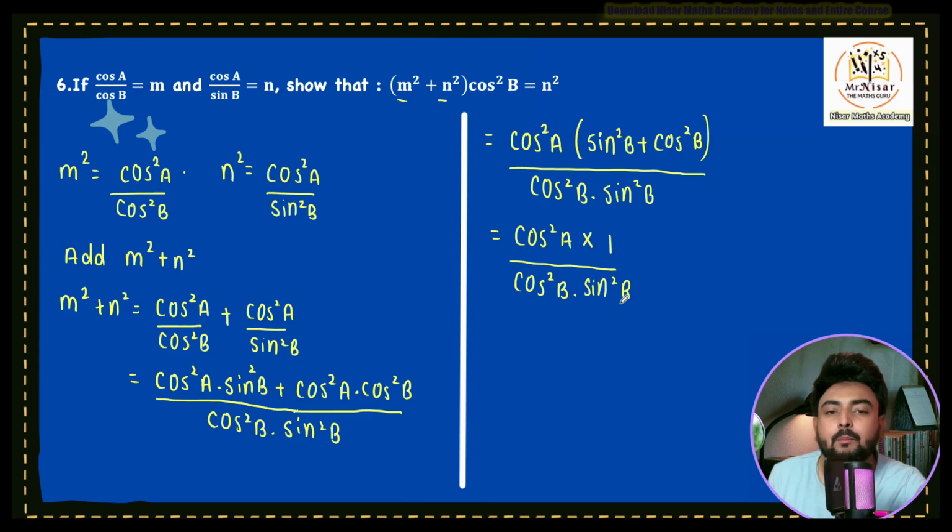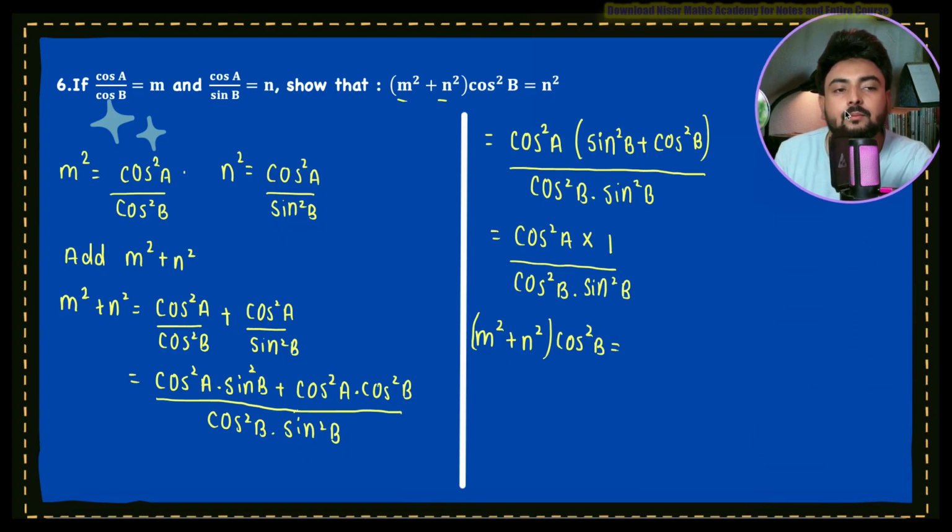Now see, what we need to prove: we got the value of m square plus n square, and we want m square plus n square into cos square b. So I'll multiply this m square plus n square by cos square b.